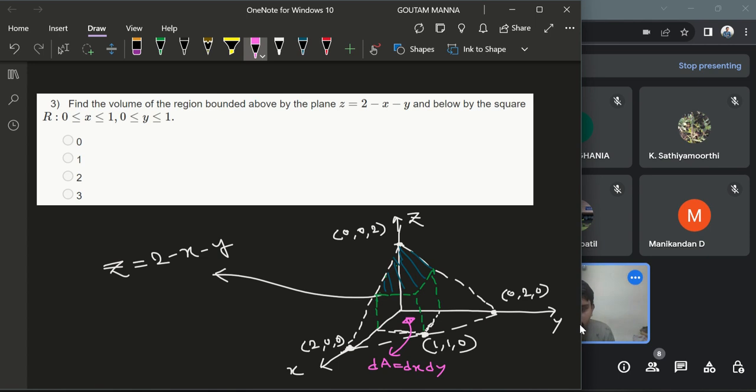If I take the volume above this area element, inside this blue plane and this base square, it will look like this.